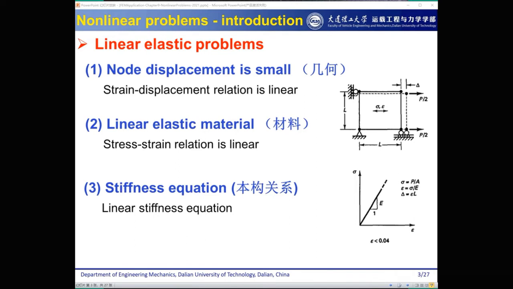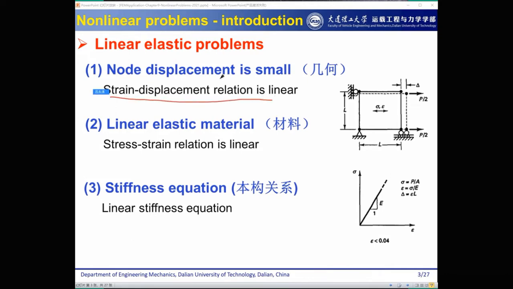Okay, so now first let's have a look at some concepts. First is the nonlinear problems. What are nonlinear or linear problems? The linear elastic problems include the following. The first type is that the strain-displacement relationship is linear.